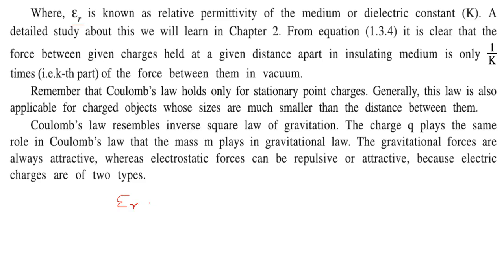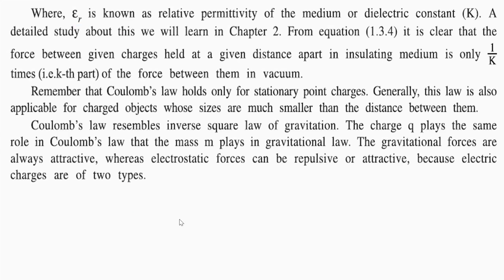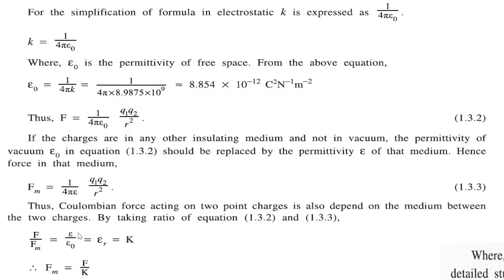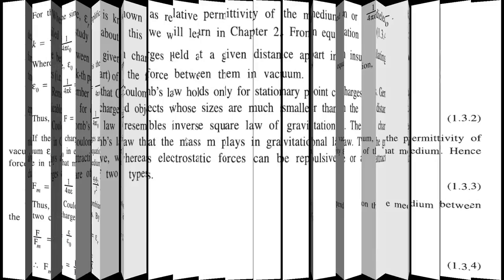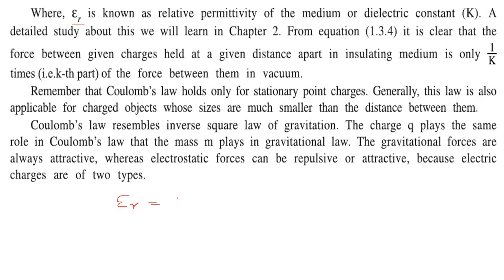Epsilon r was epsilon by epsilon 0, which we wrote as K. So epsilon r is called the relative permittivity, or K, which is the dielectric constant.